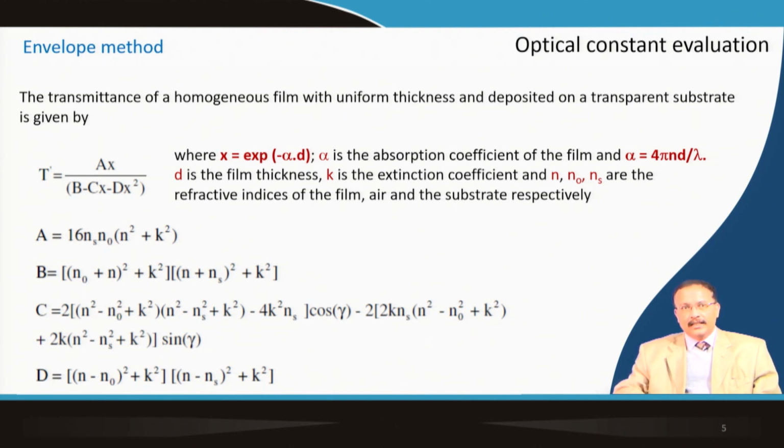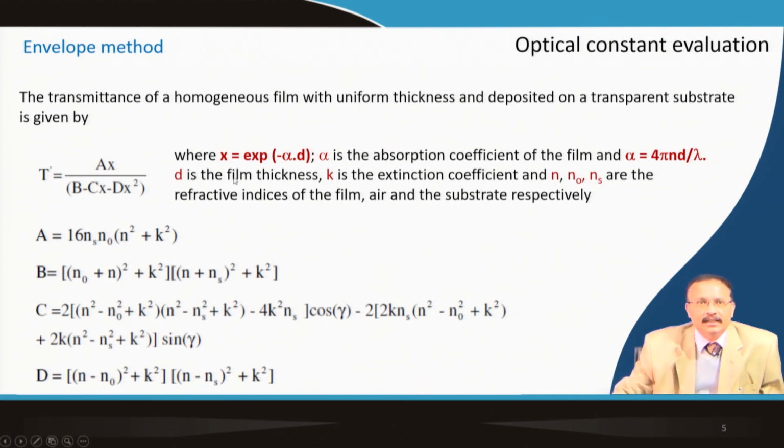I assume it is a homogeneous film and the thickness is uniform. All these thin film deposition techniques will lead you to a uniform film thickness, and it is deposited on a single crystalline transparent sapphire substrate.